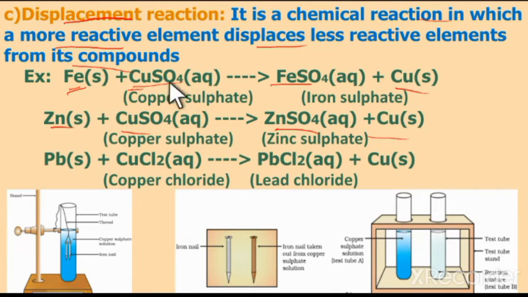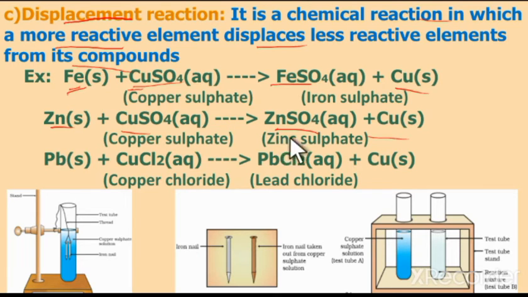Here the iron treated with the blue color copper sulfate forms ferrous sulfate. In this case, the blue color disappears and a light green color appears with the formation of ferrous sulfate.